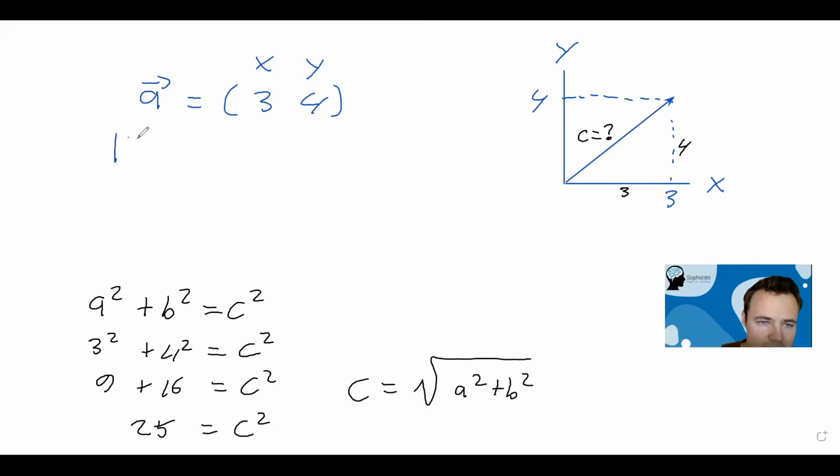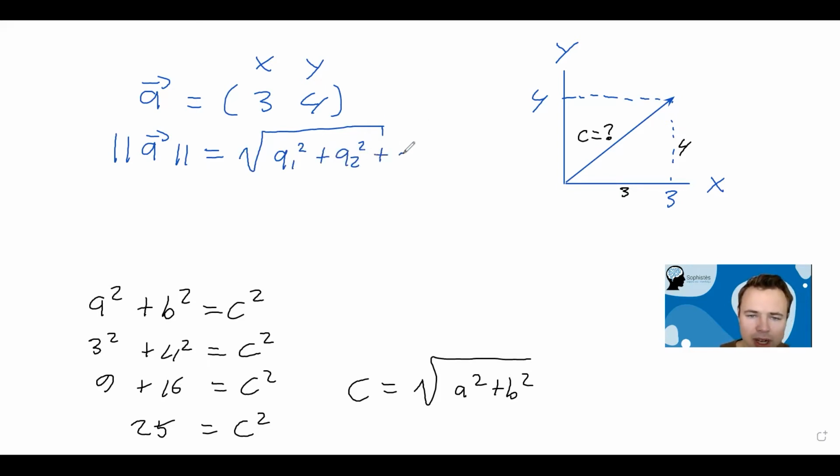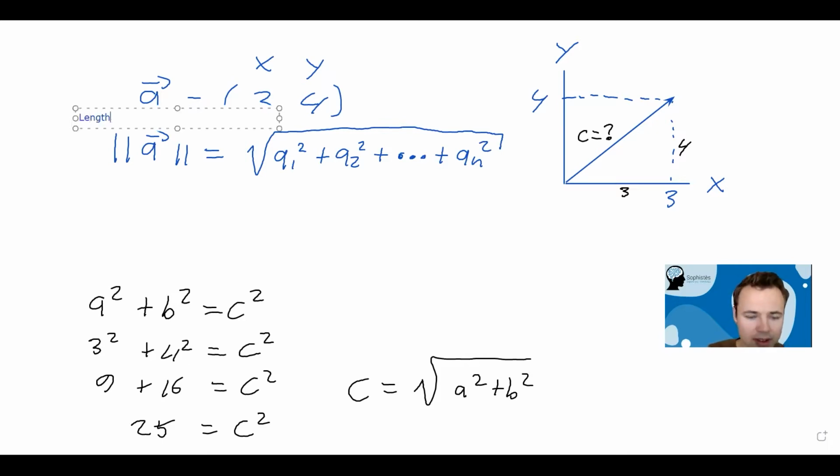The length of your vector is the square root of the first element squared plus the second element squared all the way up to your nth element squared. So maybe I can even expand this square root a bit. Then you have it like this. So this is the general formula to calculate the length of a vector.